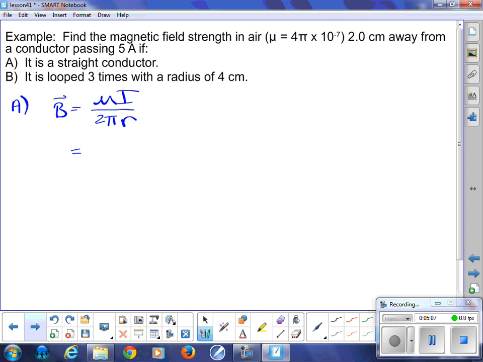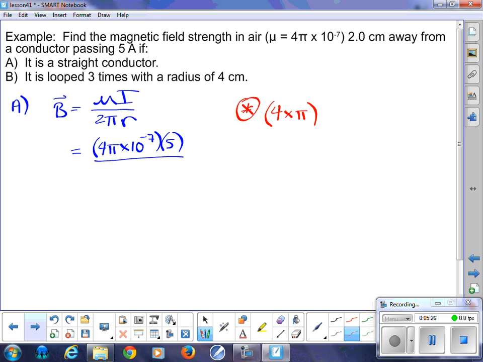So straight from the formula, mu is given. Now, I don't know why they do 4 pi. It just seems to be the format that is provided. So when you do this, you have to be careful because you have to actually calculate 4 pi. Remember that it's really 4 times pi times 10 to the negative 7th.